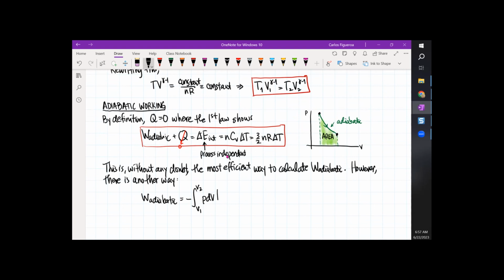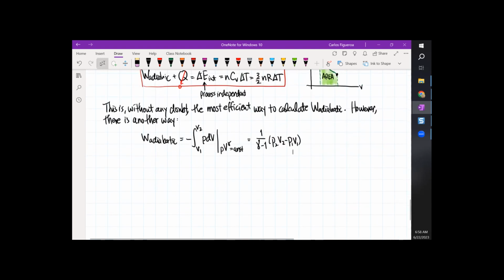And then you have to replace pressure with this expression, so you're going to have to solve for that constant. If you do this, here's what you end up getting: an expression that reads 1 over gamma minus 1 times the difference of P2 V2 and P1 V1. This works just as well, but I think that the way our system's set up, it's more useful to use the other one.